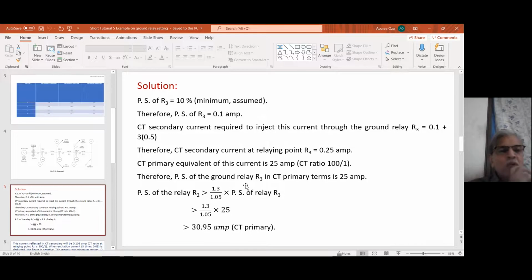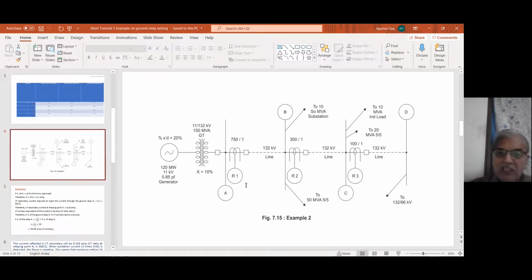Plug setting of R3 you have to assume, because plug setting of R3 does not depend on the normal load current of that line CD. It has nothing to do with that. We have already talked about it: under normal conditions IR plus IY plus IB is 0, and therefore under normal conditions the current passing through the ground relay is 0, because it is connected in the residual circuit of the 3 lines CD.